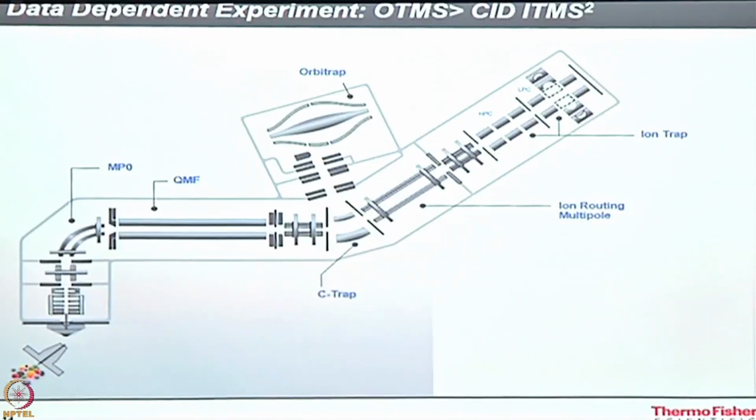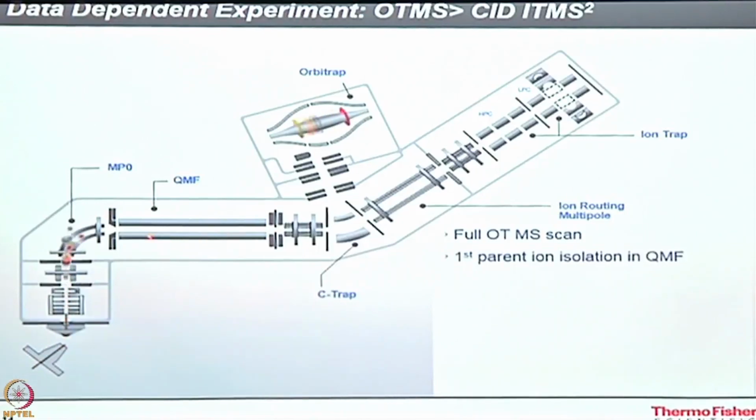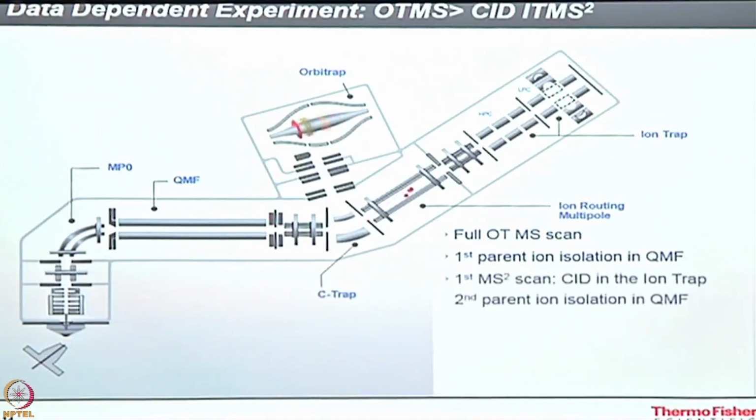So first the full MS will go. The first mass will stop here, then it will come to the Orbitrap. While the full MS is going on, we are doing it in parallel. So the first parent ion has been selected here, and it will be stopped there first. Then it will go for fragmentation in the HCD cell. While it is fragmenting, the second ion is waiting here.